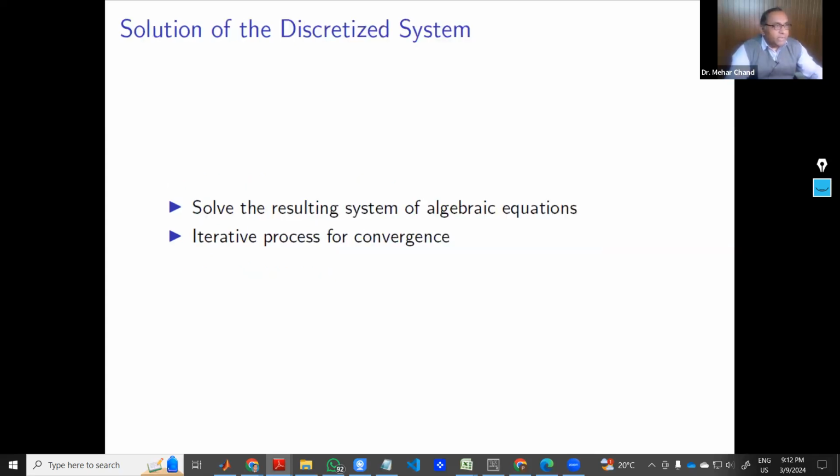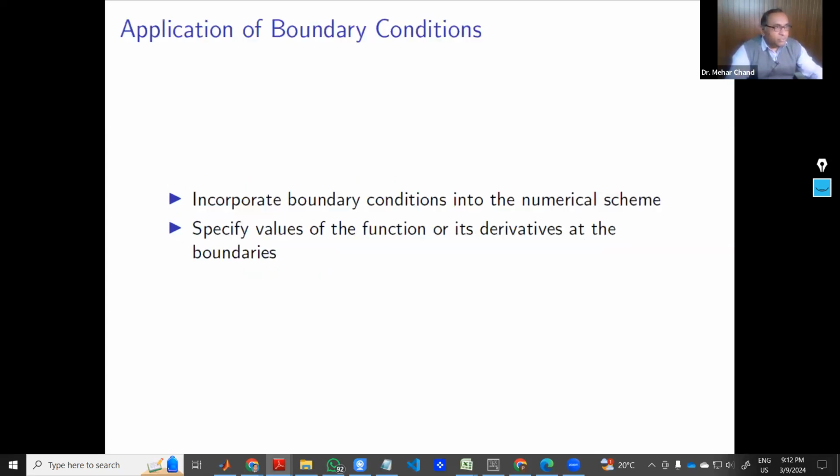The main approach to find the solution of a boundary value problem, whether you are using the finite difference method or the shooting method, is that in both cases we need to reduce the boundary value problem into initial conditions, and then specify the values of the function or the derivative at the boundary conditions.